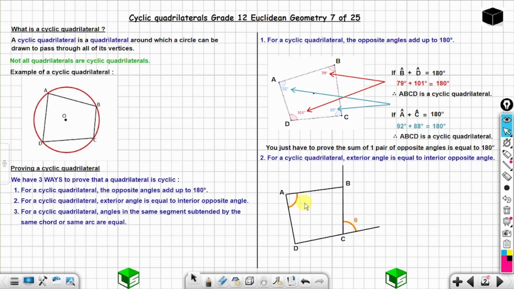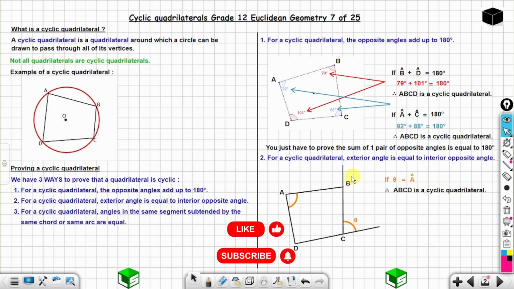This is opposite. Adjacent means next to. If theta, the exterior angle, is equal to the interior opposite angle, which is A, then ABCD is a cyclic quadrilateral.